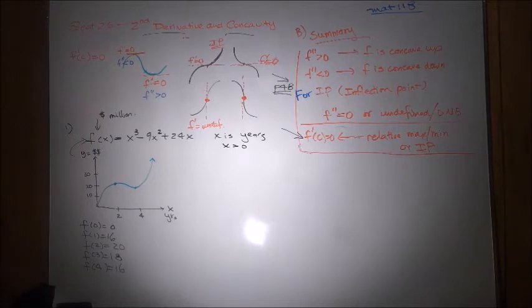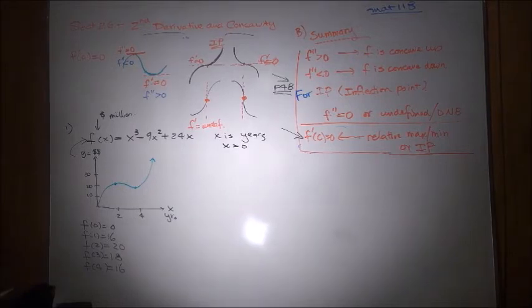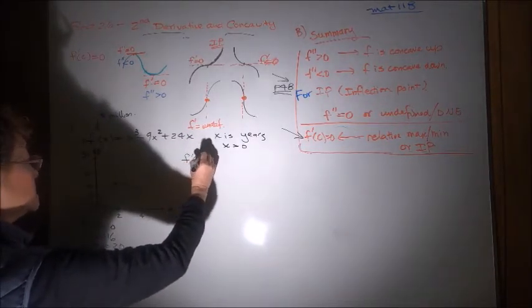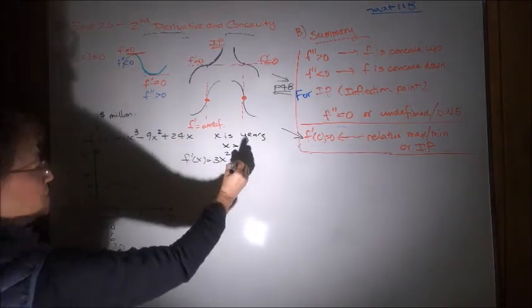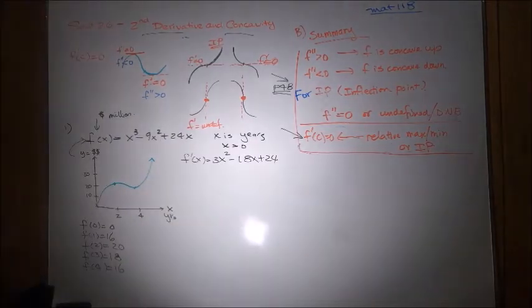Okay, then let's see, if we use f prime, what does it tell us? So f prime of x will be 3x squared minus 18x plus 24, right?